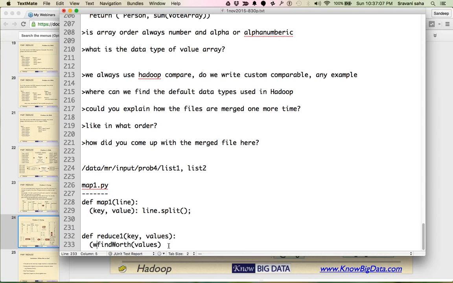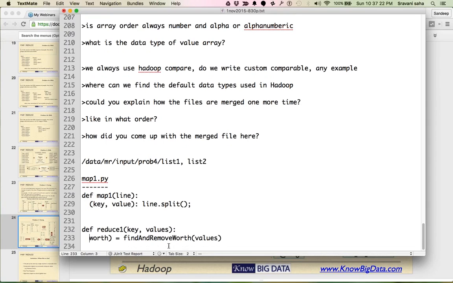It will give you the worth, and it will also remove the column which contains the value which is worth. Find and remove worth. Okay, and we got worth.